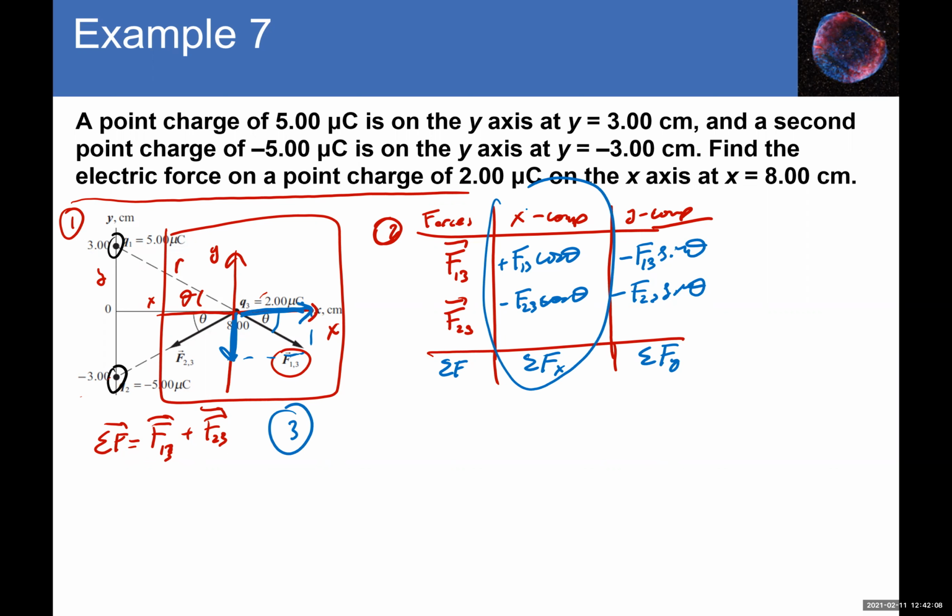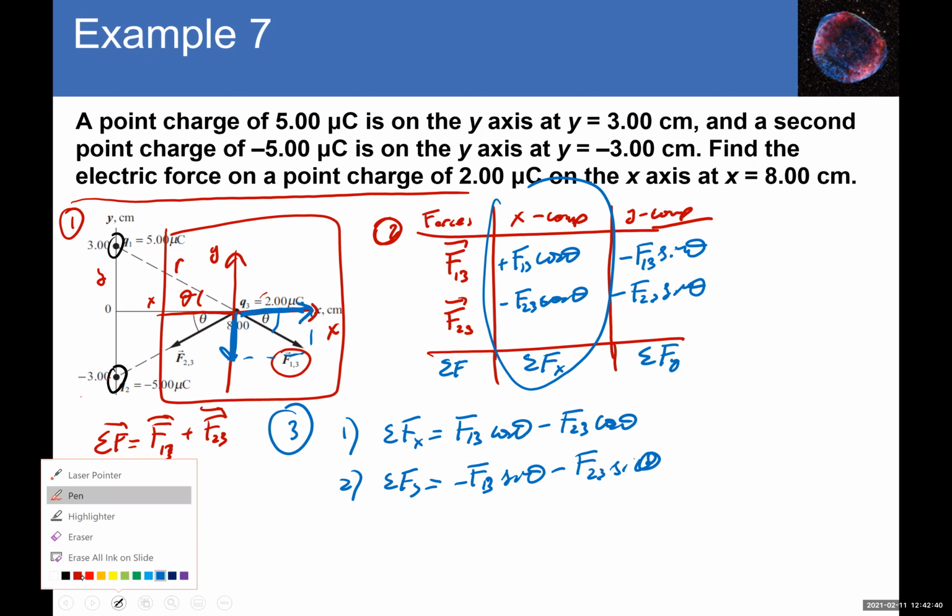Equation 1 is the net force in the X direction: F13 cosine theta minus F23 cosine theta. Equation 2, the net force in the Y direction: negative F13 sine theta minus F23 sine theta.